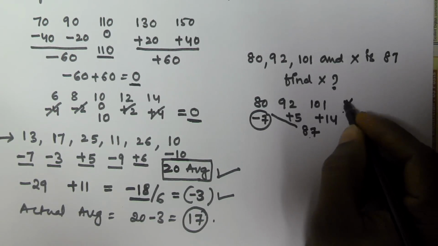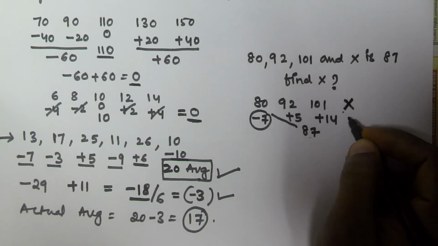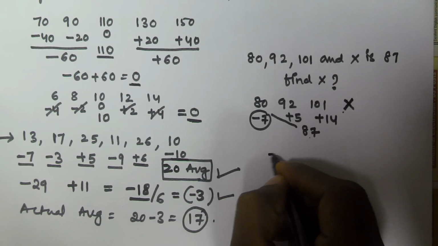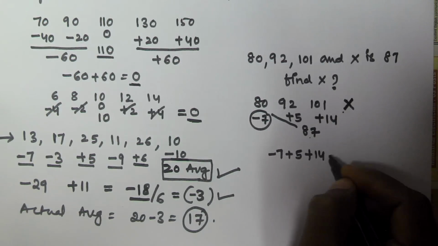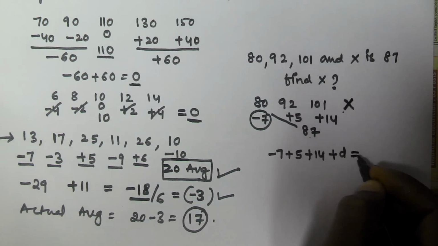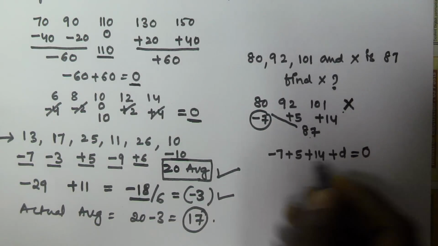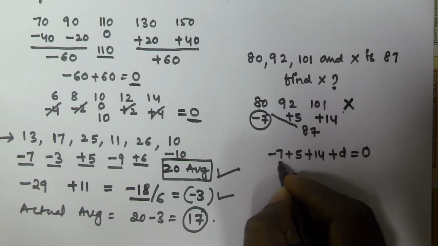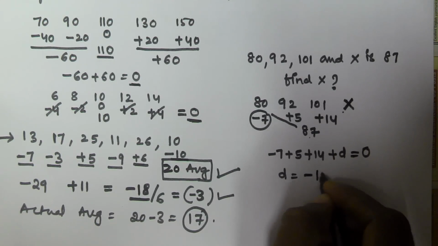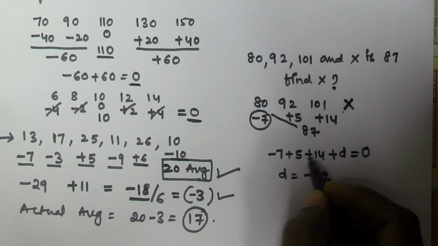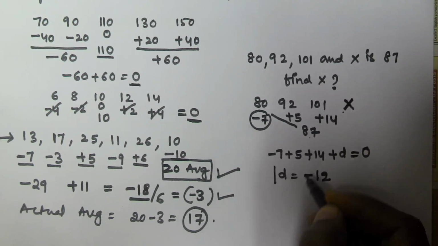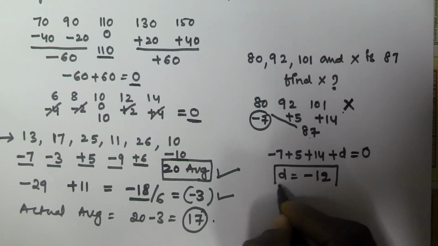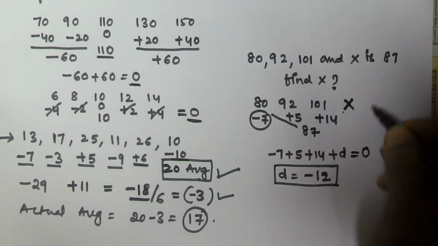We do not know the deviation for x, so I am taking that as D. The sum of the known deviations is minus 7 plus 5 plus 14, which is plus 12. The sum of all deviations must be 0, so D must be minus 12 deviation.